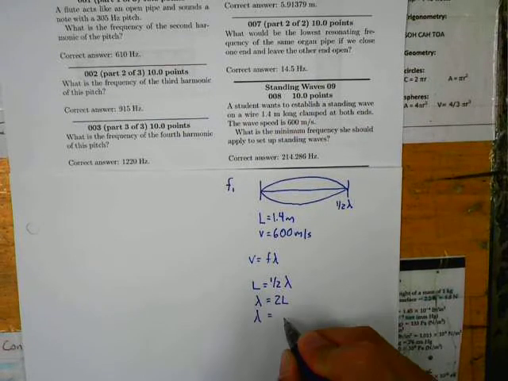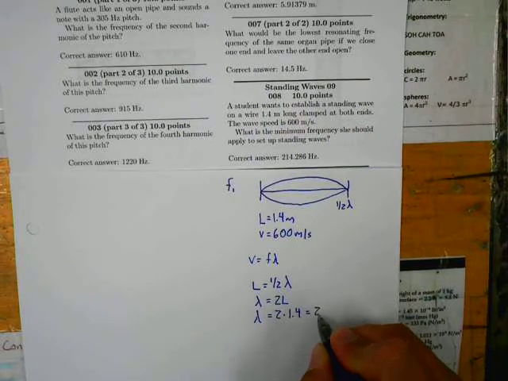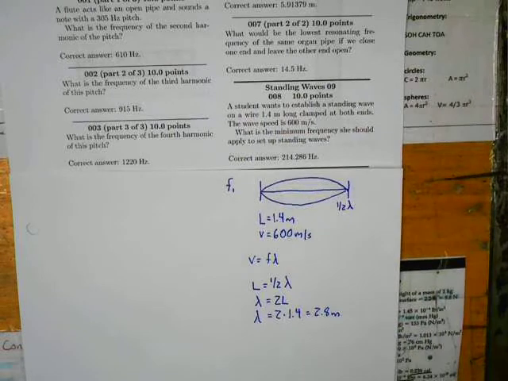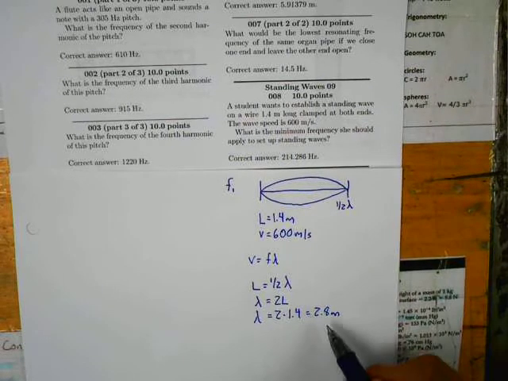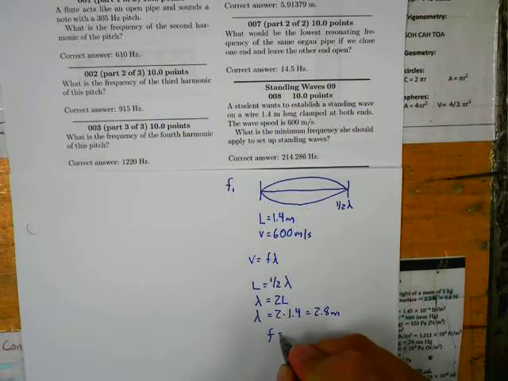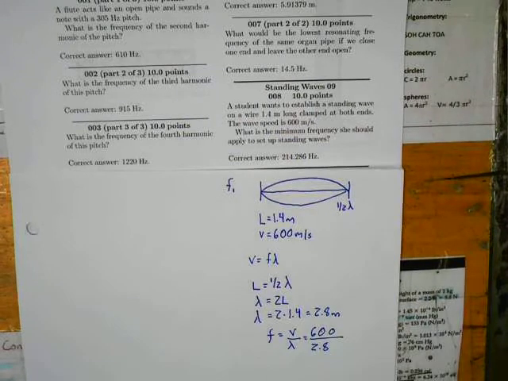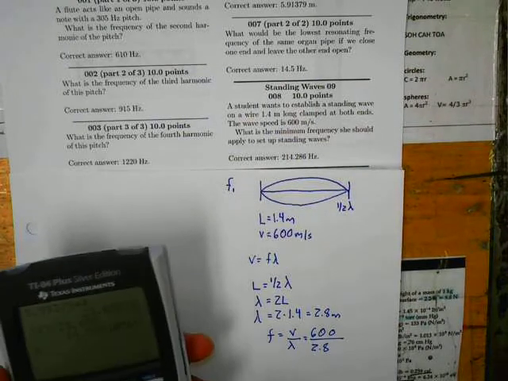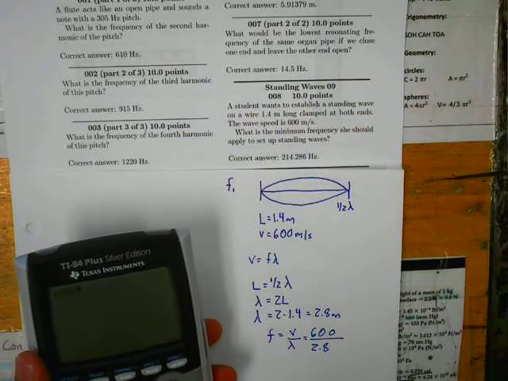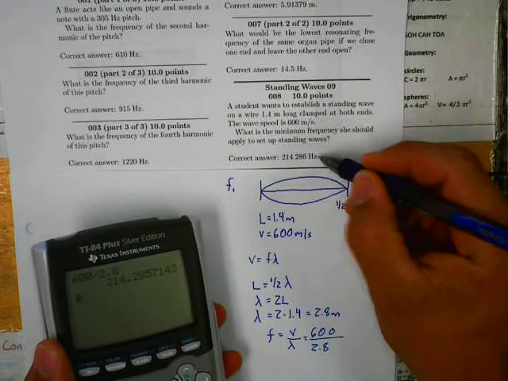Lambda equals 2 times 1.4 equals 2.8 meters. And now I've got my wavelength and I've got my speed. So I can find the frequency. Frequency is equal to V over lambda, or equal to 600 over 2.8. And let's make sure that's right. Okay, so 600 divided by 2.8. And we get 214, which is the answer right there.